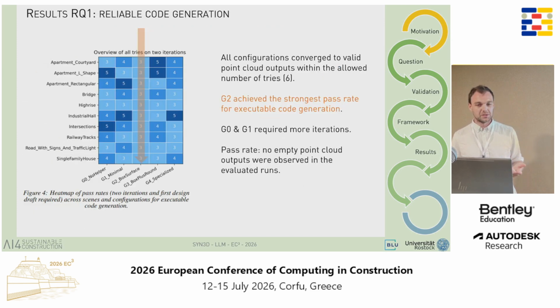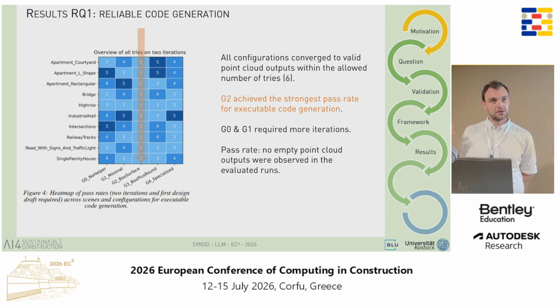So what do the results mean? The executable code works best for the helper function G2, box surfaces. So the model is able to generate boxes, and that was the best way to work with it. But all configurations of the helper functions delivered executable code after 6 tries.